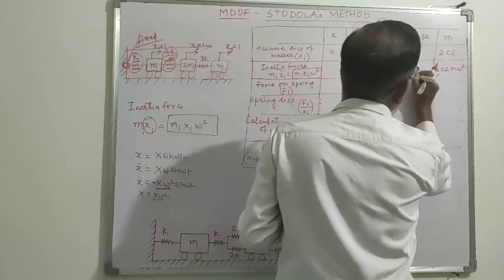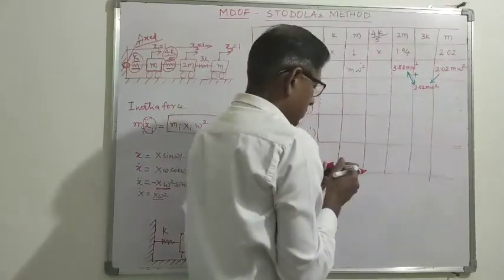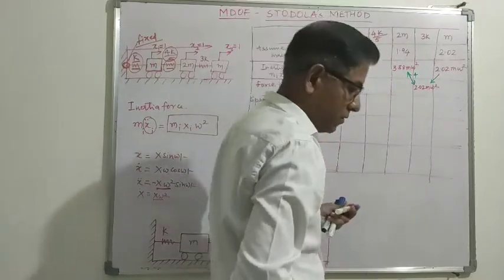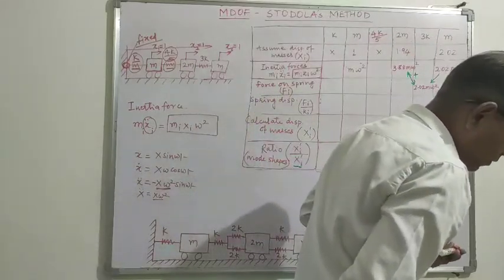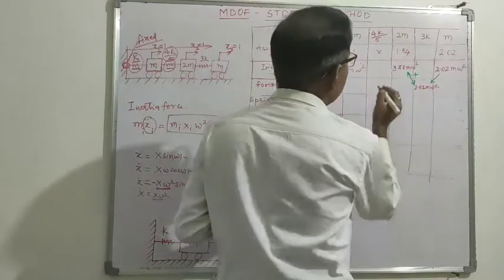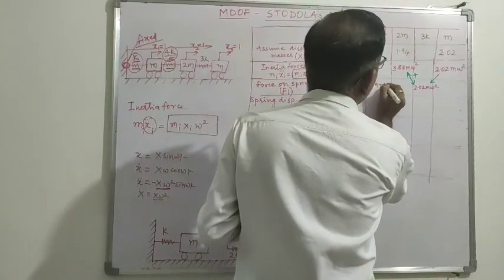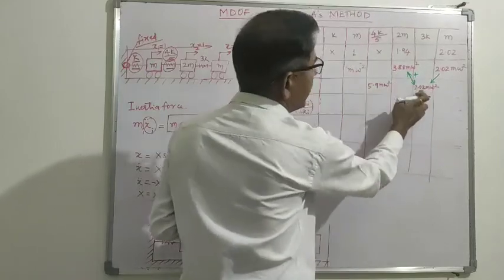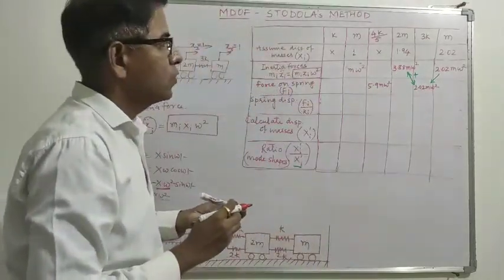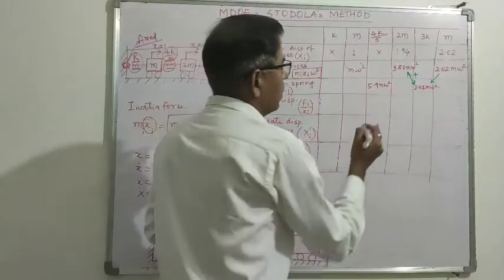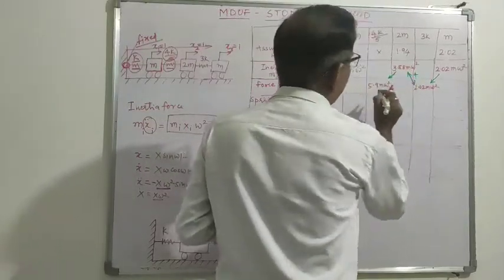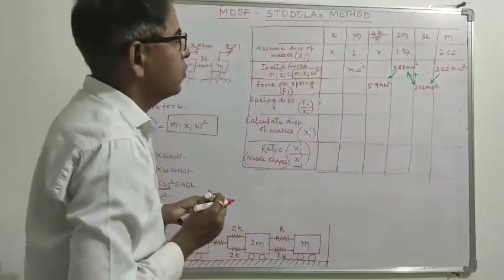So simply add these two values: 3.88 plus 2.02 will give 5.9 m omega square.